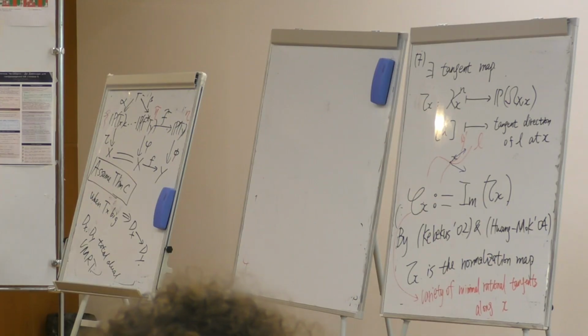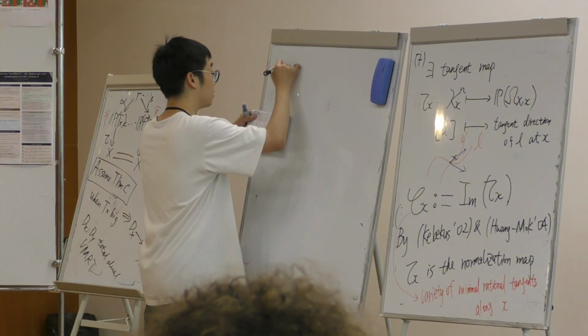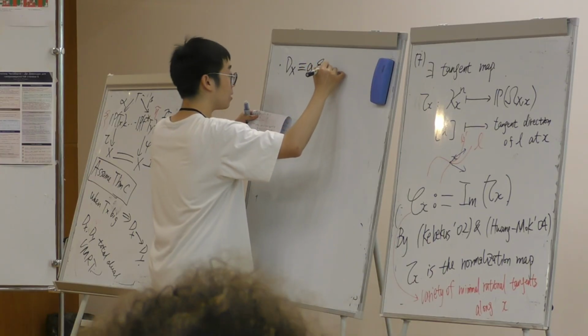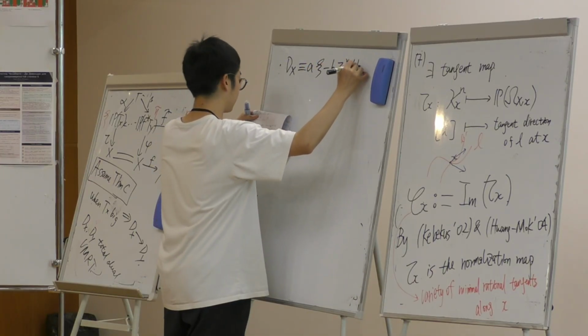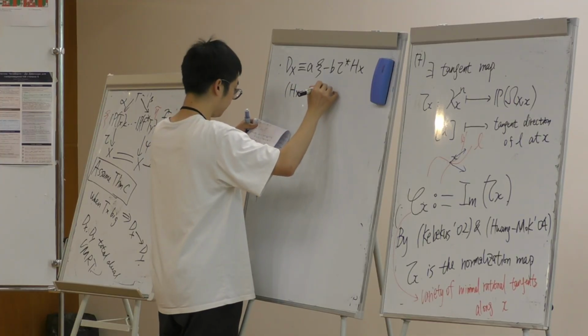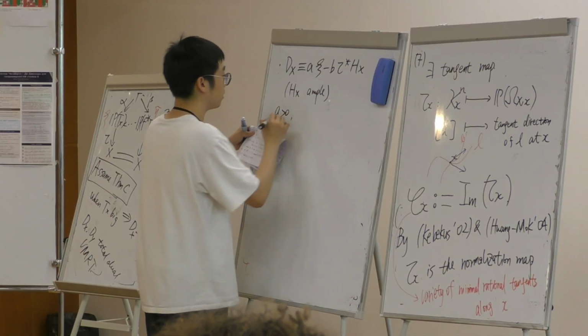So this is the basic notation. So the first thing is you can see DX is numerically equivalent to A xi minus B tau pullback HX. So this HX is some ample divisor. And for A positive.